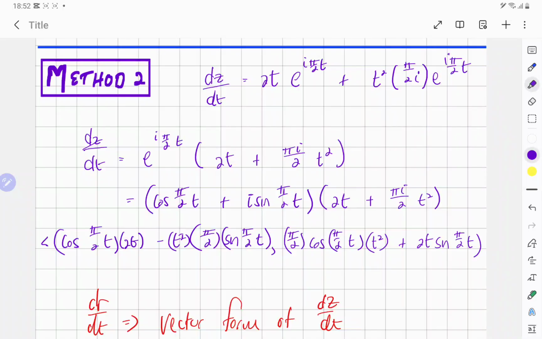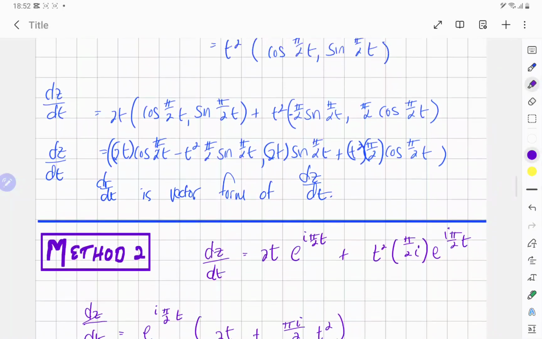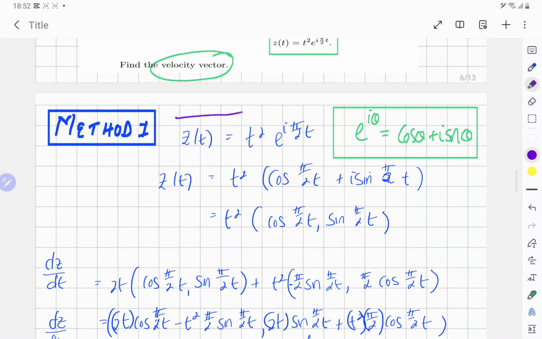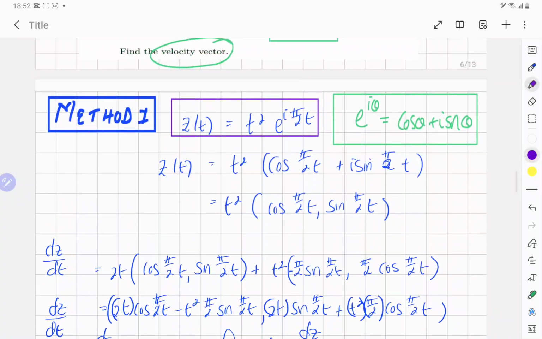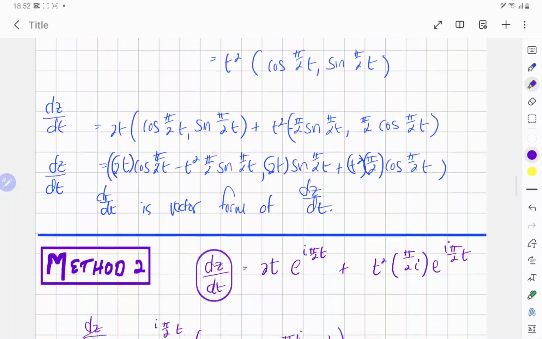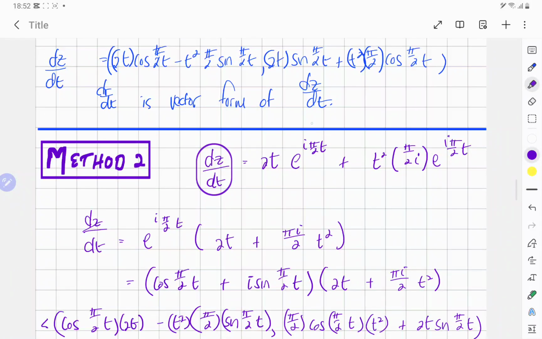So what I said earlier, I will from here go straight to my product rule in method 2. So I derive t squared, which is 2t. I keep e to the power of i pi t as is.